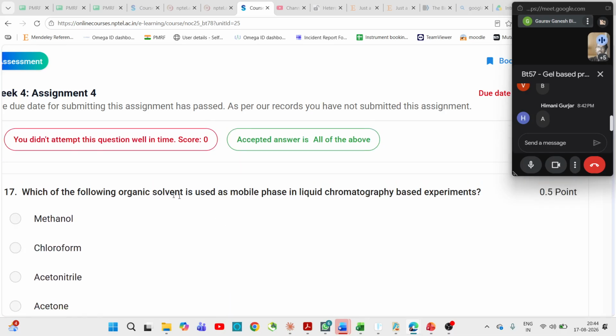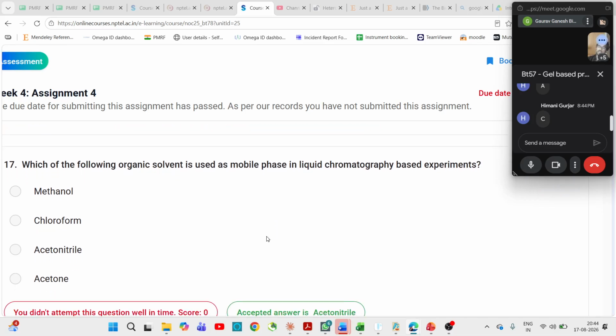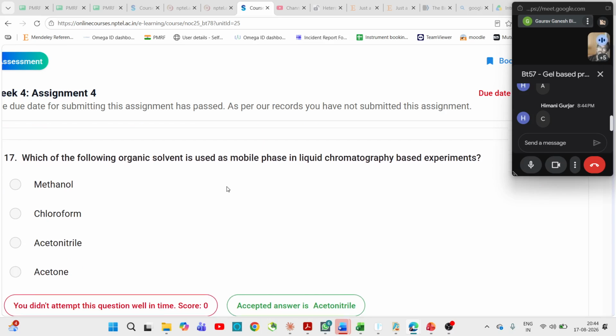Which of the following solvents is used as a mobile phase in LC based experiments? If you go through the sample preparation step, you will be able to answer this question. Generally, when you do liquid chromatography, acetonitrile is the one which is generally used as a mobile phase.